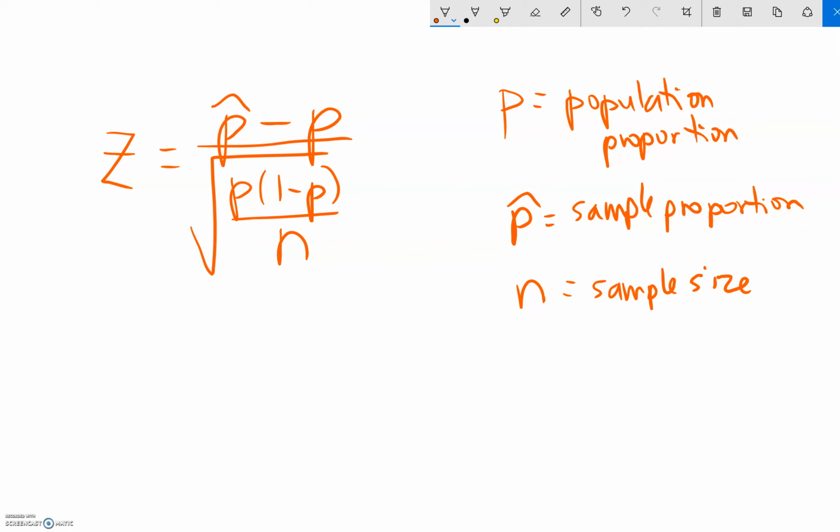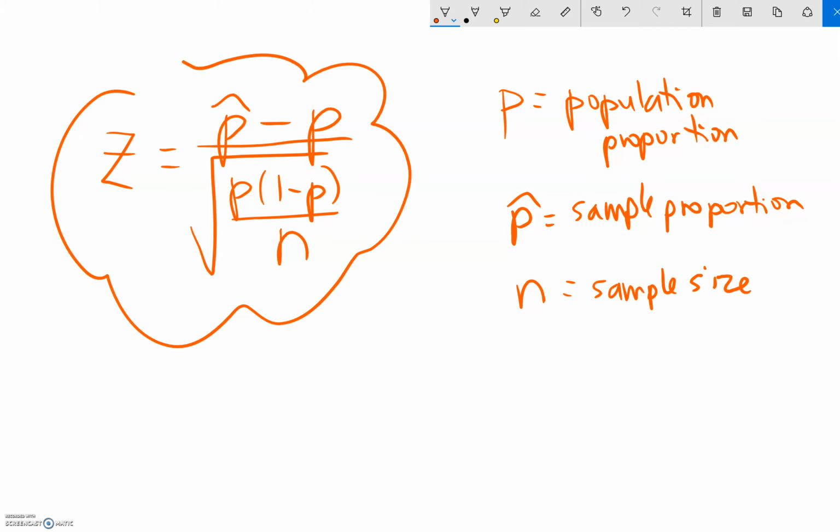And if you look at the top of your notes page, it talks about how you can find population proportion and sample proportion. Anyway, we're going to deal again with probability questions that are going to use this z-score formula. So I just want to walk through a few problems with you.